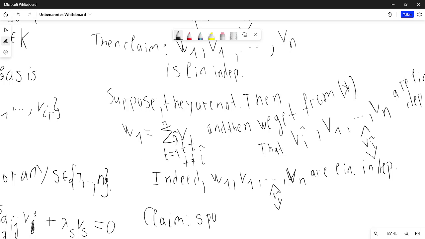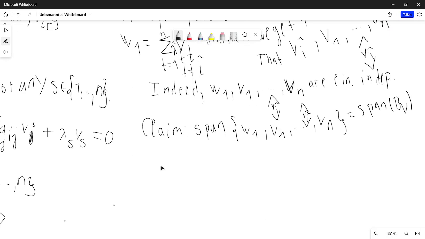Span W1 omission theorem, simple span PV. Already called that PV was just the vectors V1 to Vn without omission, of course. Right.